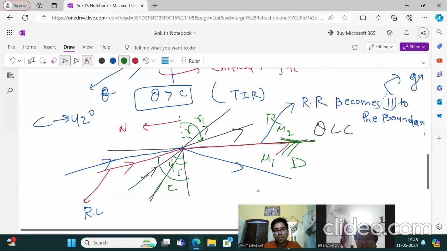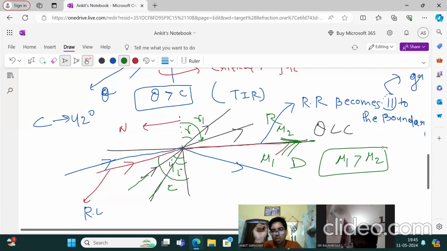Clear? Very nice. This mu1 is more than mu2. So for TIR, mu1 must be greater than mu2. Simply, the light ray must go from denser to rarer medium. Don't worry, I will write it and you should write it at that time. Understand or not?